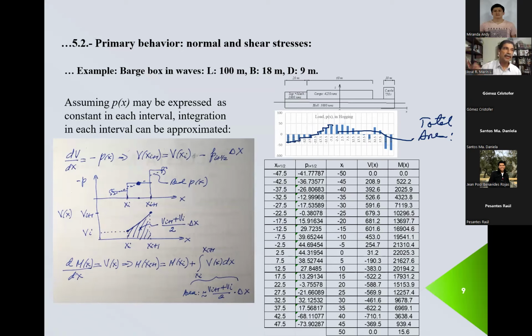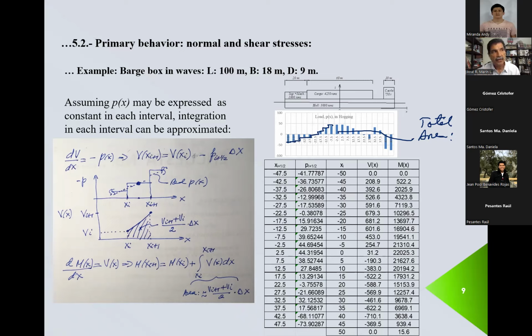You can integrate the weight function using this simple sum, but the variation of the buoyancy you can integrate using the trapezoidal rule. And the result is the shear force. The shear force you can then integrate following, for example, Simpson's rule, which is more efficient.